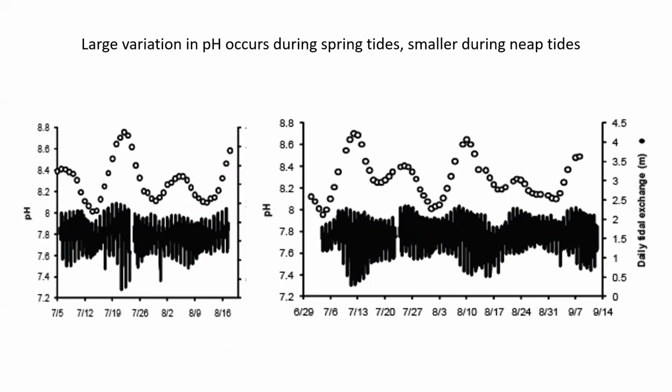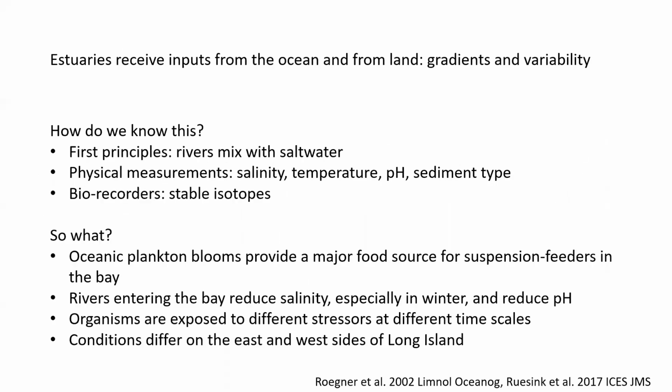When it went from the highest high tide to the lowest low tide is the times when the pH also varied the most, associated with that low pH water being able to extend further downstream on a low tide.